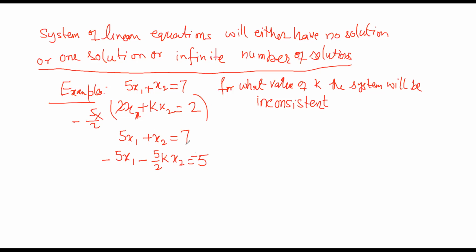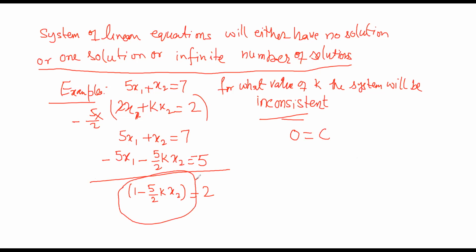Now I add them together. So what I get is 1 minus 5/2 k times x2 is equal to 2. For the inconsistent form, I should have this type of situation: 0 is equal to c. So this side should be equal to 0.